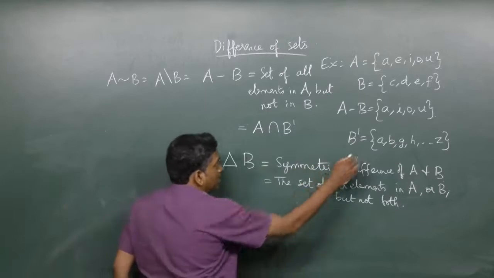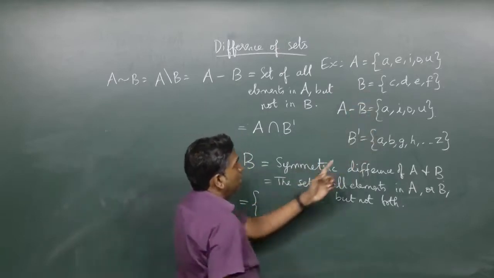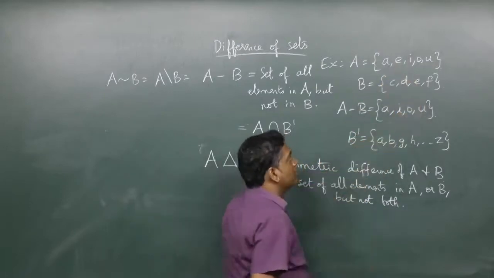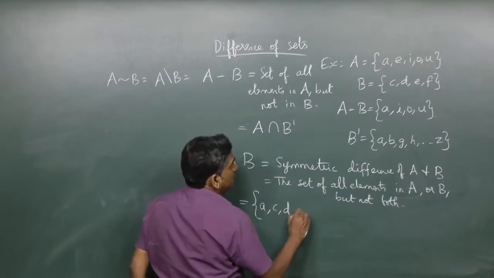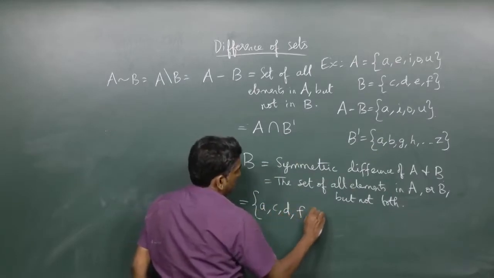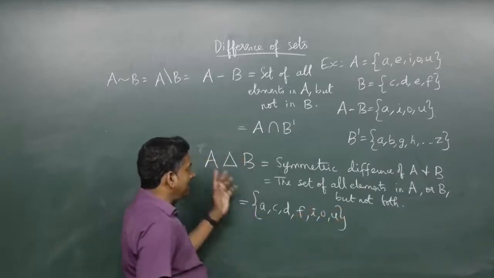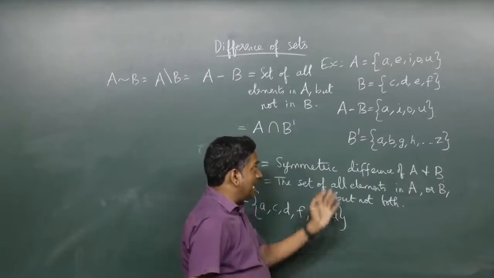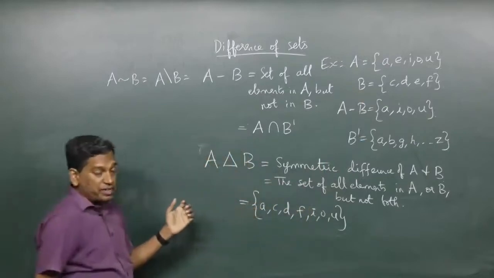So for our example, A delta B would be, the only thing that is common to both is E. So let's remove E, and all the other elements will be there: A, C, D, F, I, O, U. You can see that A delta B is going to have more elements than A minus B. This is the symmetric difference.